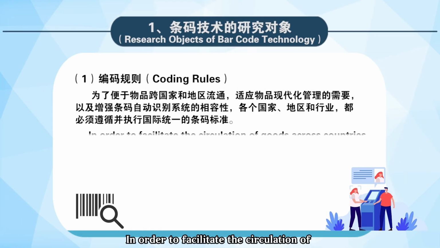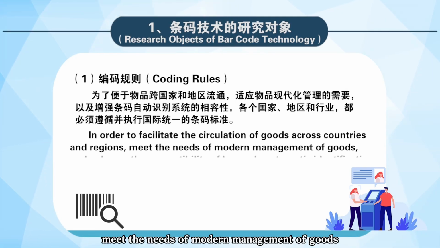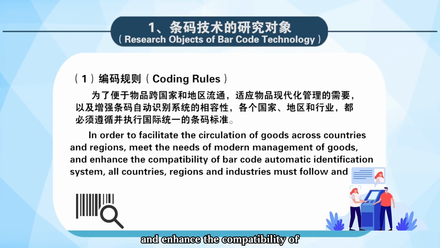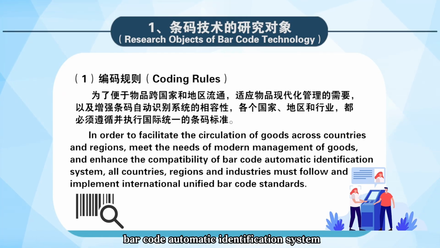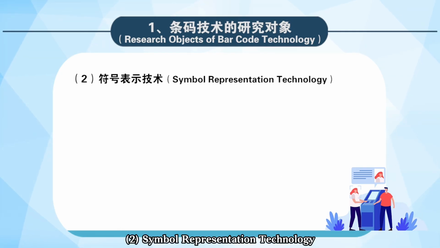In order to facilitate the circulation of goods across countries and regions, meet the needs of modern management of goods, and enhance the compatibility of barcode automatic identification systems, all countries, regions, and industries must follow and implement International Unified Barcode standards.